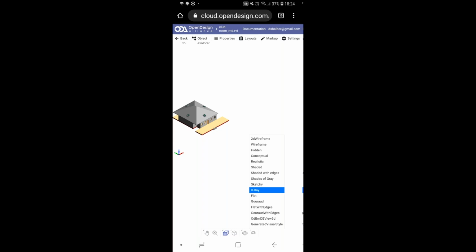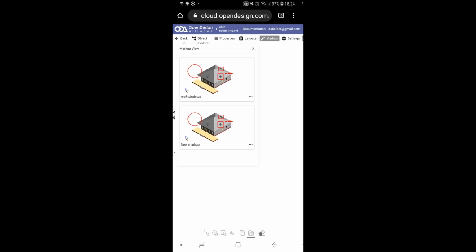As you see, we can switch between the predefined views. We can change the visual style, and in the same manner, we can load one of the predefined, pre-saved markups.